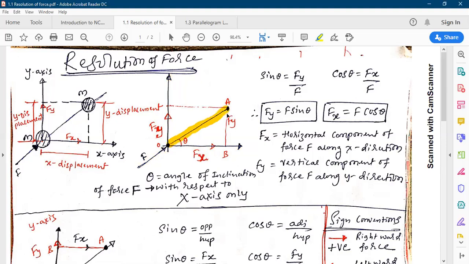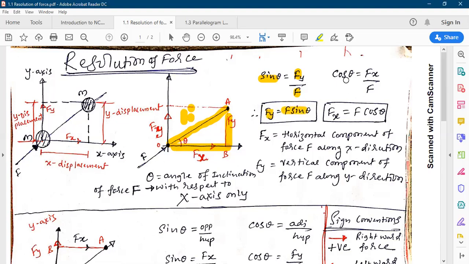This is the hypotenuse side F, this is the side opposite to the angle theta, and this is the adjacent side. With this triangle OAB, we can write the trigonometric function sin theta equals Fy by F, where Fy is the opposite side and F is the hypotenuse. Sin theta is opposite by hypotenuse, so Fy is equal to F sin theta.